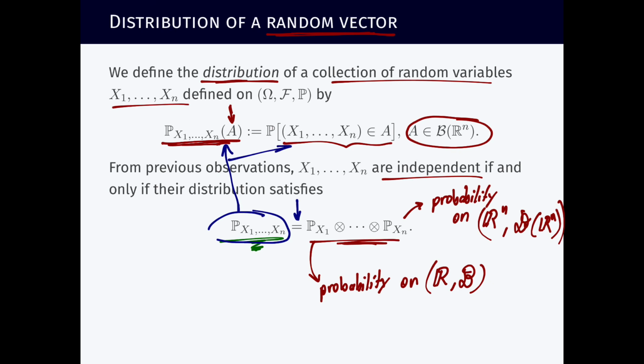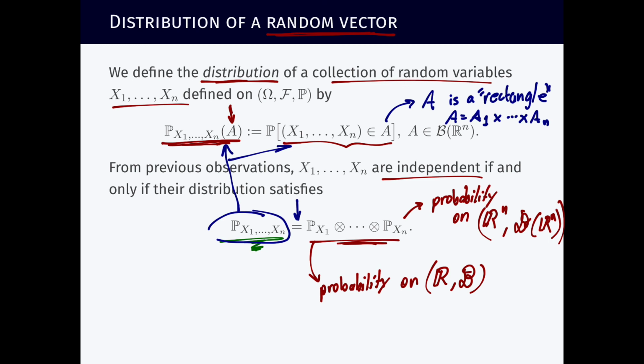And they're independent if and only if, when A is a rectangle, meaning A is of the form A1 Cartesian through An, then we can factorize the probabilities.